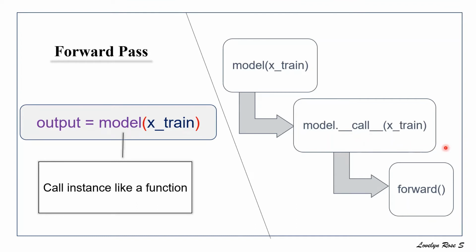Since we have already inherited it from torch.nn.Module, this is already present in the inherited class. Here, model would in turn call the call function with the parameter xtrain, and this call function would in turn call the forward function. When I write the statement model output is equal to model of xtrain, automatically the forward pass takes place.